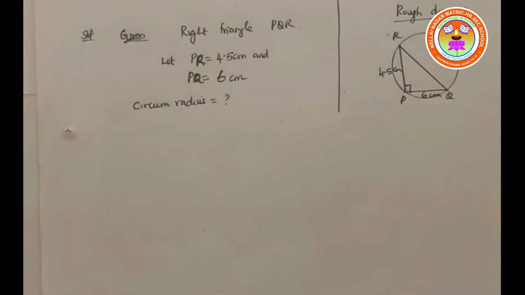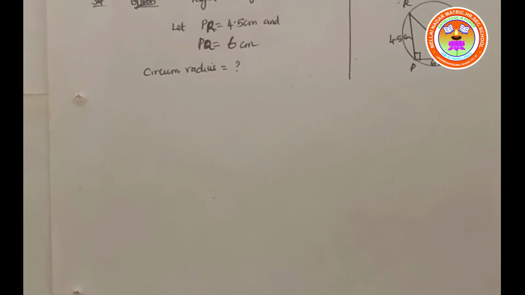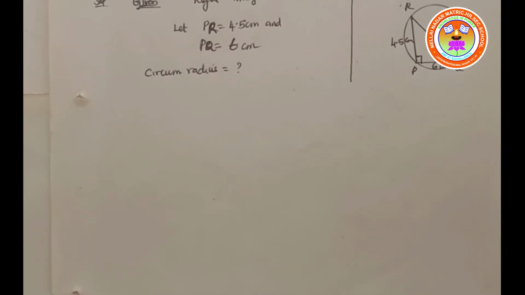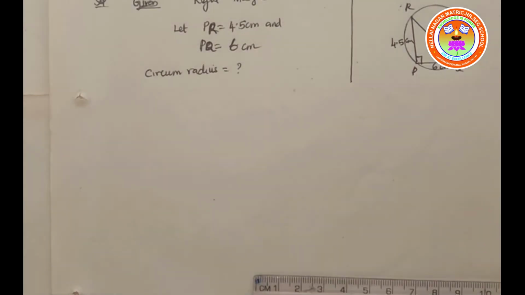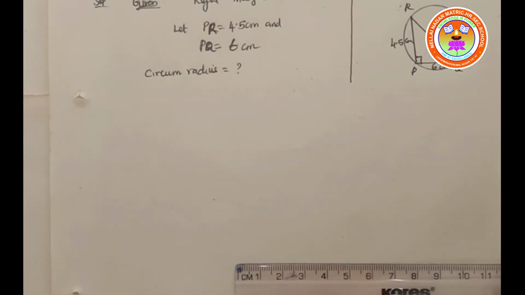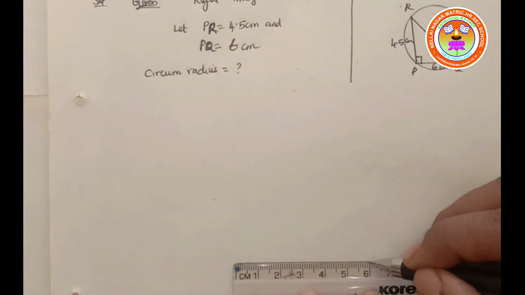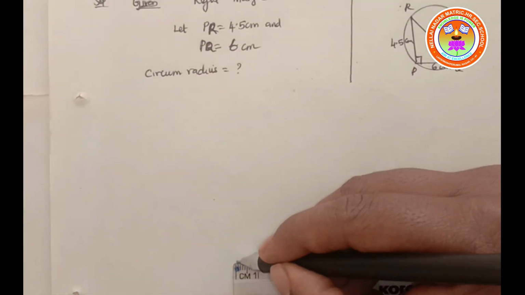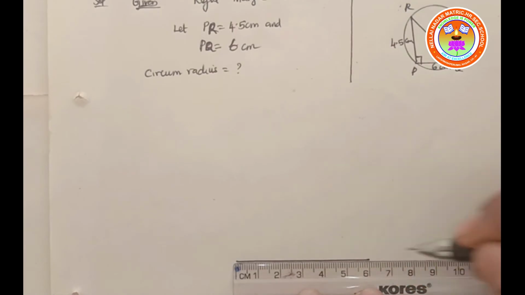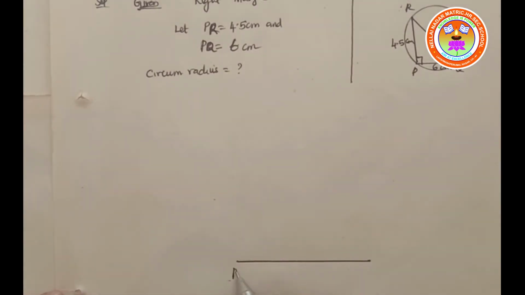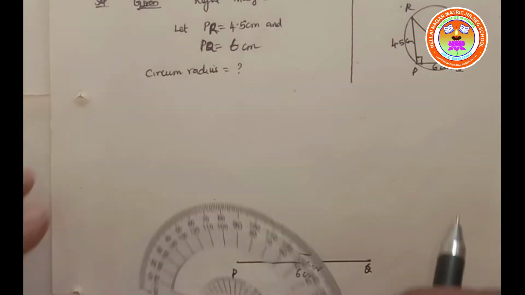After drawing the rough diagram, you are going to draw a fair diagram. First draw PQ equal to 6 centimeter. With the help of scale, take exactly PQ equal to 6 centimeter. With the help of protractor, you are going to draw 90 degree.